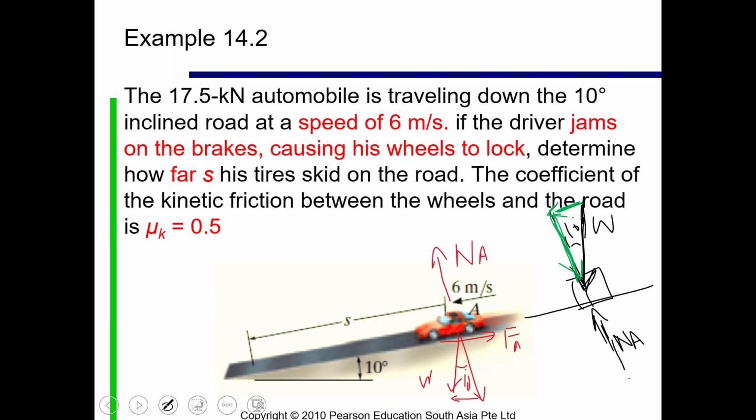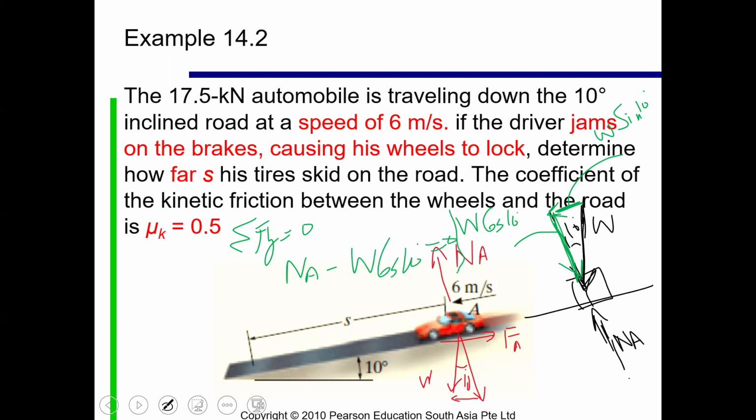The one which is here is W cos 10. The one that is here is W sine 10, right? So when I say the sum of forces in y is 0, it should be N_A minus W cos 10 equal to 0, right? The equation will look like this.